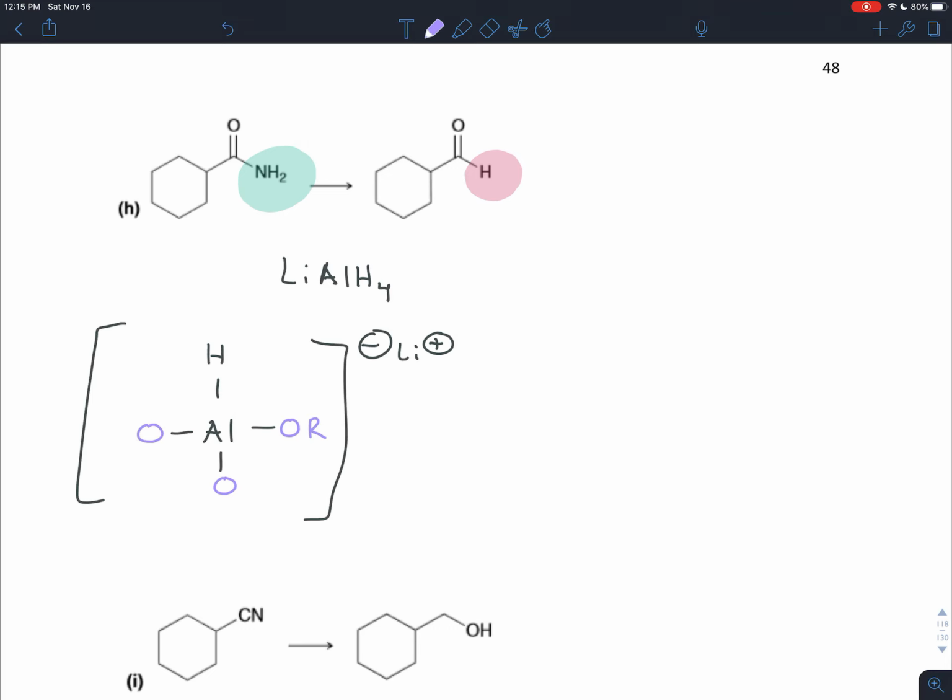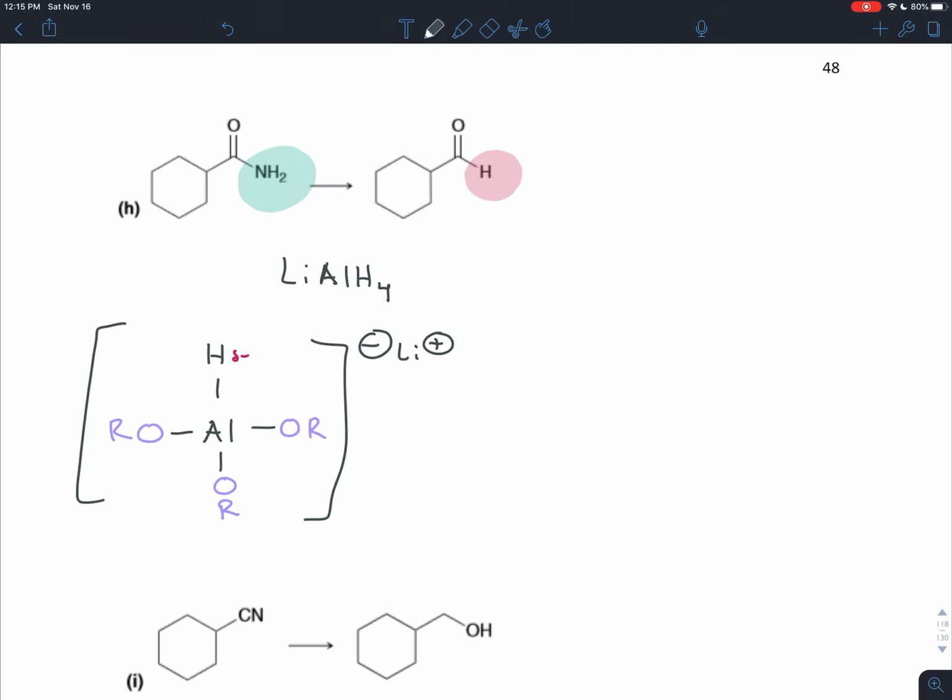Oxygen needs 2 bonds, so you can have it bonded to another R group, but those electronegative elements act over multiple bonds to pull electrons to themselves. That reduces the amount of electron density on the hydrogen, and so that's a weaker hydrogen nucleophile, and it will only add once and stop at the aldehyde. In other words, it will react with carboxylic acid derivatives, but not with an aldehyde.